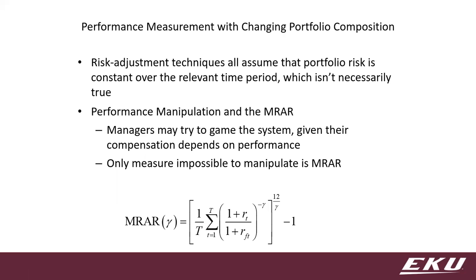Right. And then this is a measure of risk adjusted return, the MRAR, right? And so we know that the markets do change, right, over time. And so this is a way for us to take out a lot of timing issues, right?